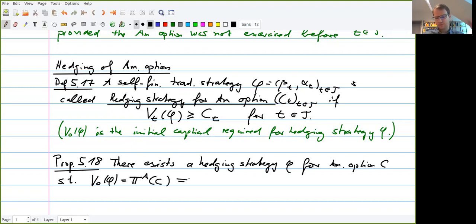And we know already that this price is given by the Snell envelope of the discounted American option with respect to the equivalent martingale measure Q at time 0. We have the following representation of the arbitrage-free price.